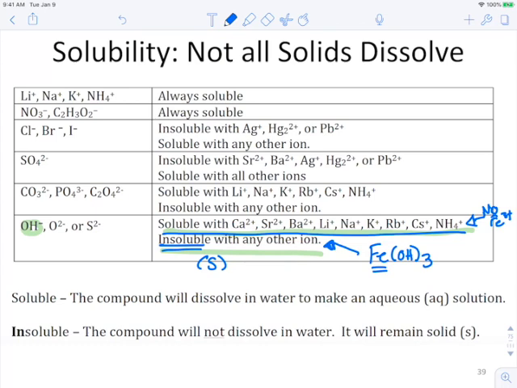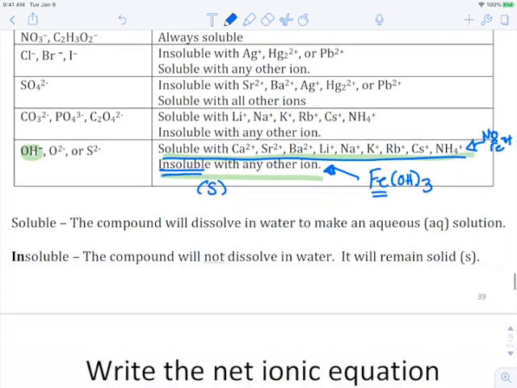So any questions why we're going to call iron hydroxide solid? Those of you who were thinking aqueous before, any questions on why now it's a solid? Okay, so sounds like we're all in agreement about that solid.